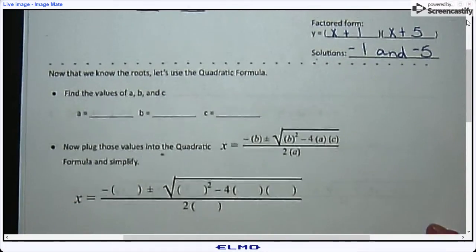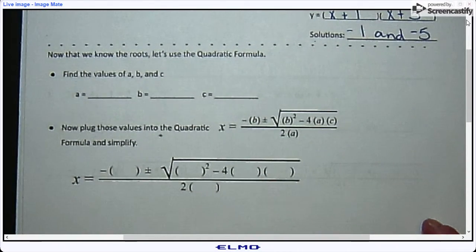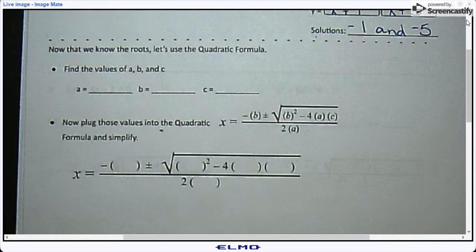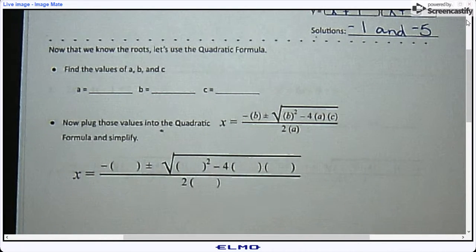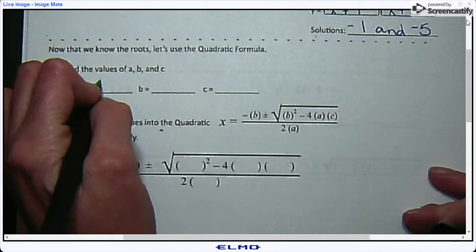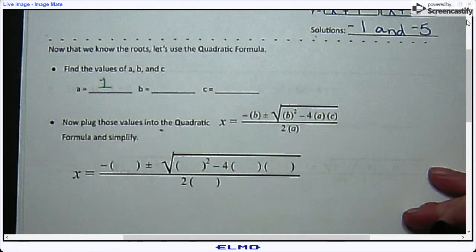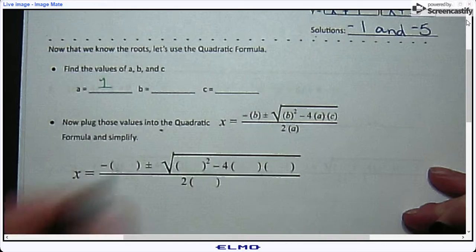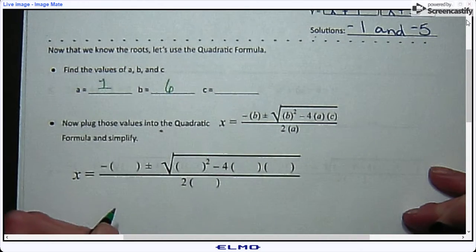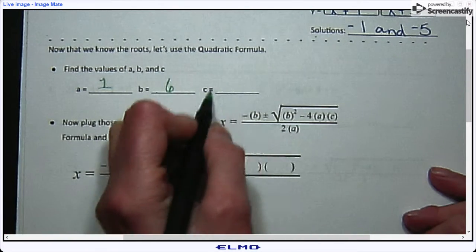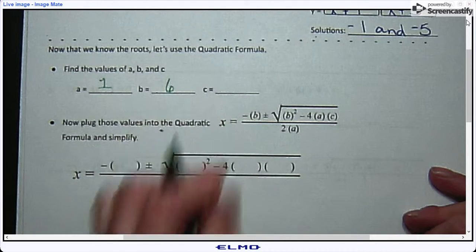First thing I want to do is identify what the numbers for a, b, and c are. A is always in front of the entire equation. This time it's 1. B is 6. And c is always the number that is all by itself, the plain number.